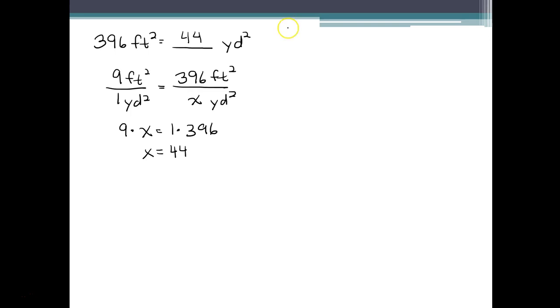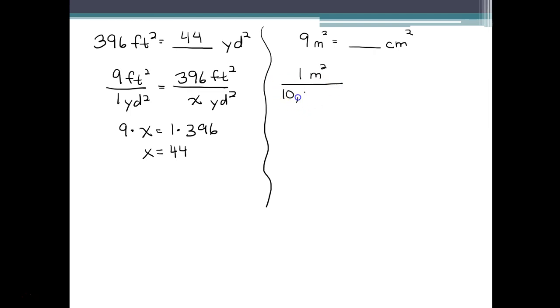Or let's say you're trying to convert 9 square meters to square centimeters. Well, we know that 1 square meter has 10,000 square centimeters. So 9 square meters is how many square centimeters?